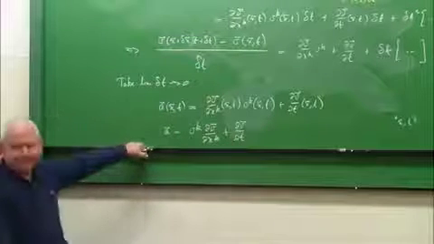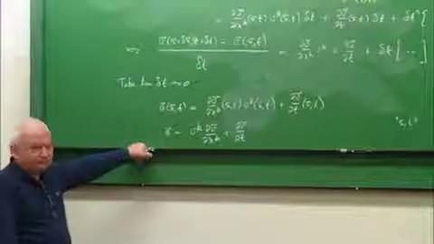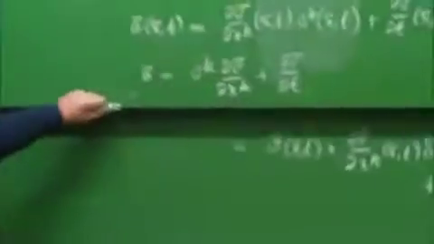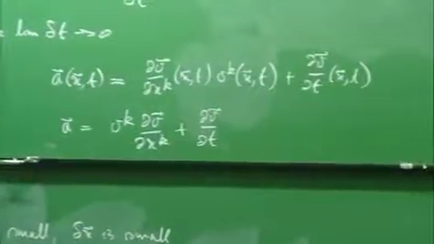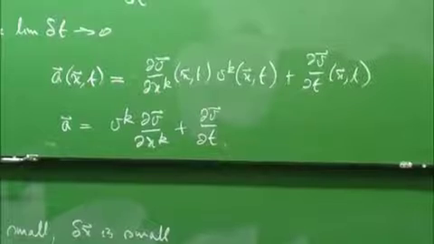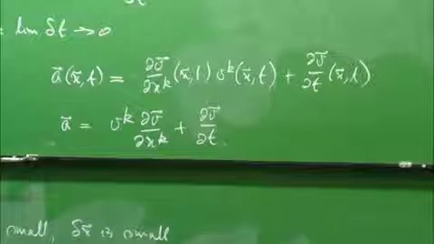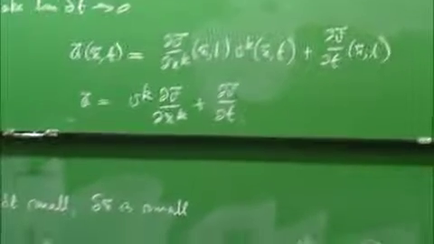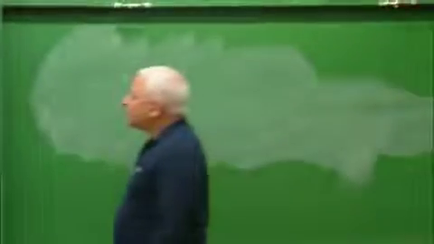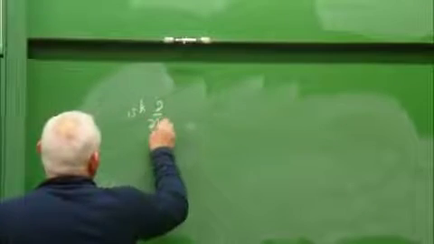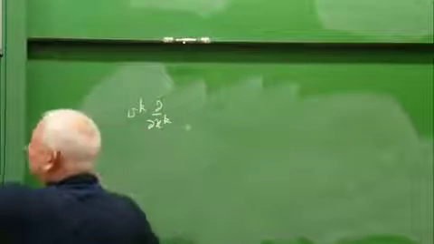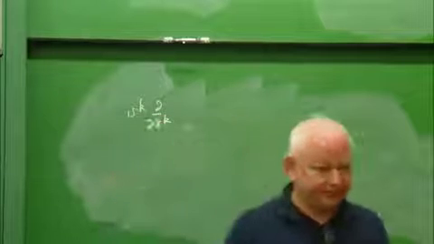This is my formula. And you will notice that what I have in the first term is the operator v_k d by dx_k operating on the vector field v.